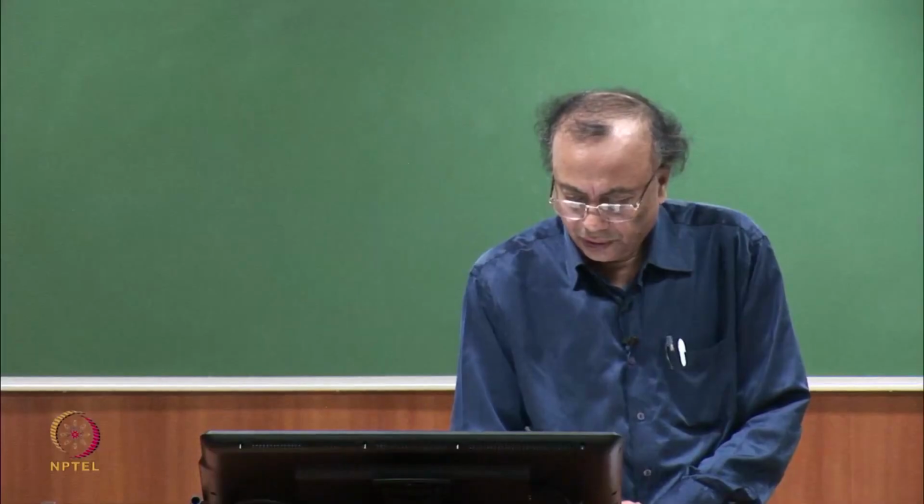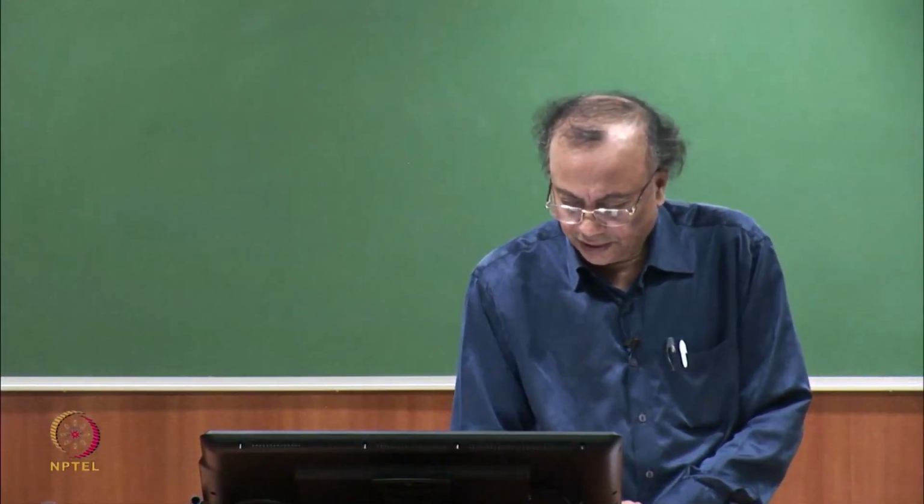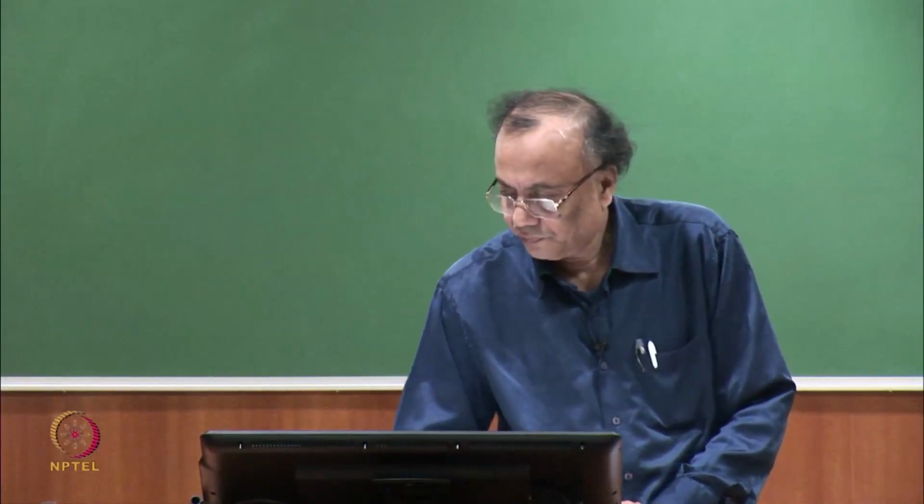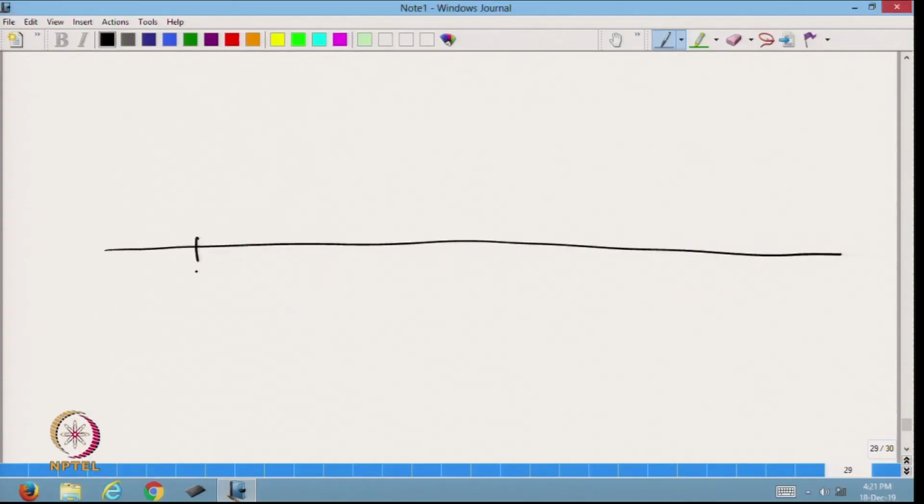So, if this is the real line and these are the discrete points x 1, x 2, x 3, x k minus 1, x k. Suppose this is 0 and this is 1, then we would expect a CDF which will look like this.